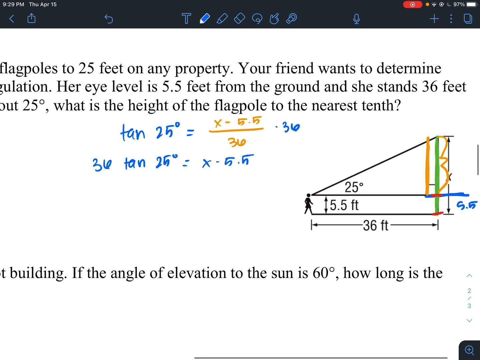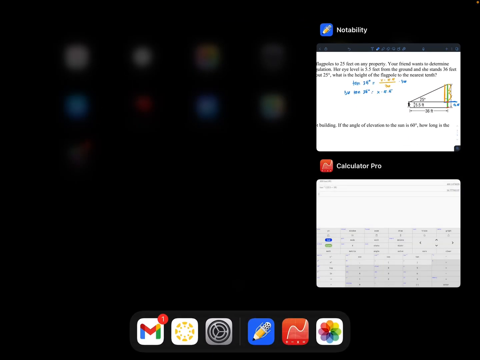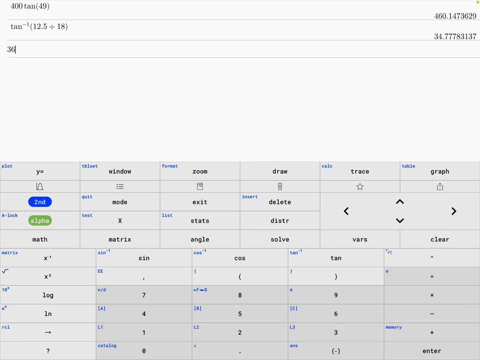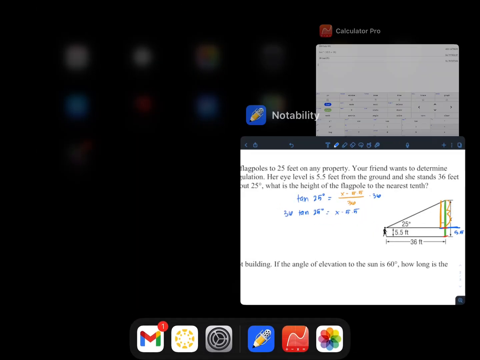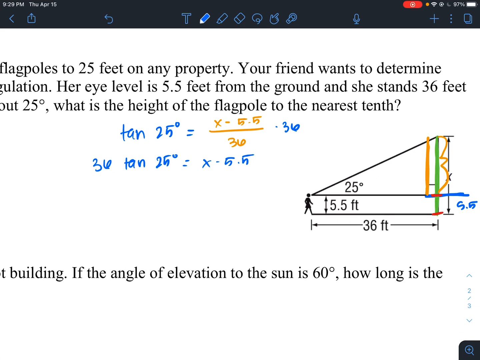Now 36 tangent of 25, I can do that in a calculator. So 36 tangent of 25 is equal to 16 point, we'll say 16.8. So it's equal to about 16.8 is equal to x minus 5.5. And then to solve for the height of the flagpole, just add 5.5 to both sides.